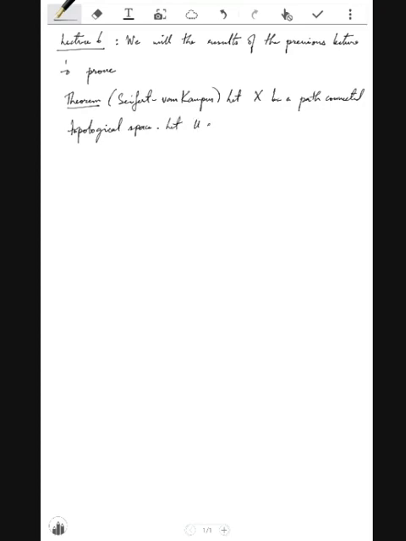Let U and V be path-connected open sets such that U intersection V is path-connected. Let X naught in U intersection V be a point.